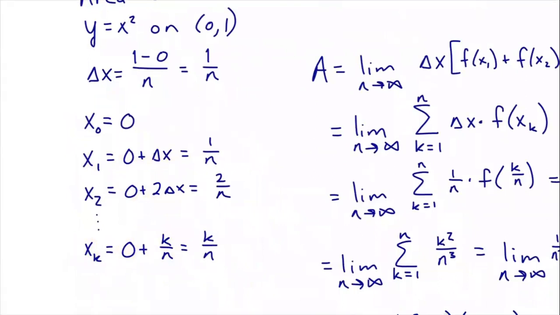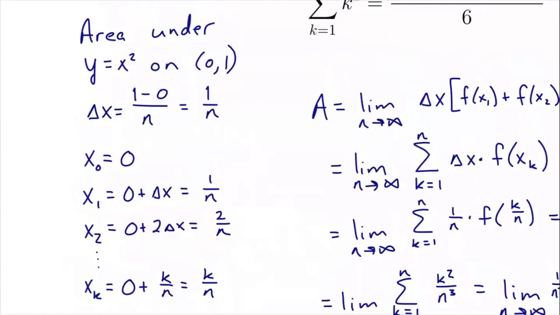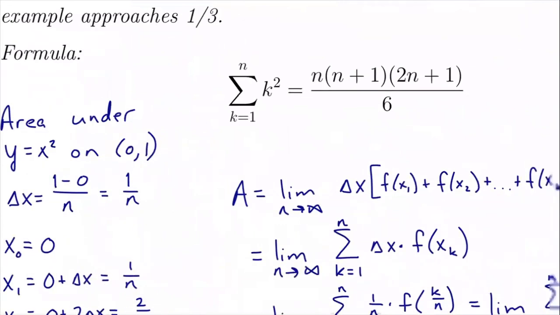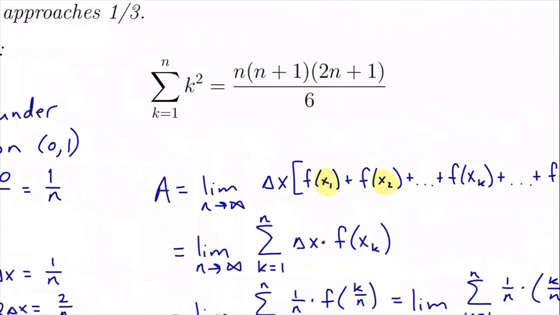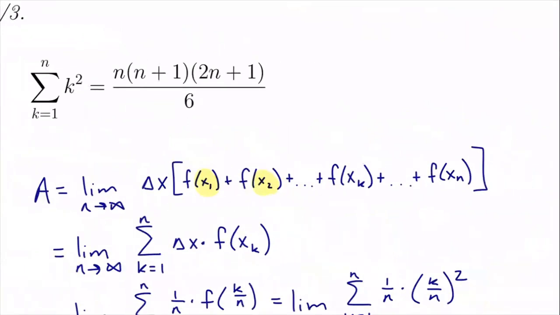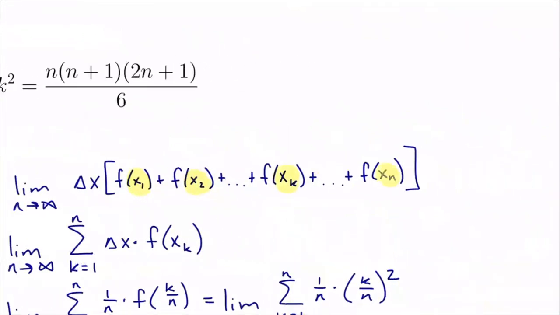But in our case, delta x is 1 over n, so this was just 1 over n. This was just 2 over n, and so on. x sub k is k over n. So for any k value, arbitrary or otherwise, I can plug this into my formula to talk about x1, x2, all the way up to xk, and then all the way up to xn, our ending value.